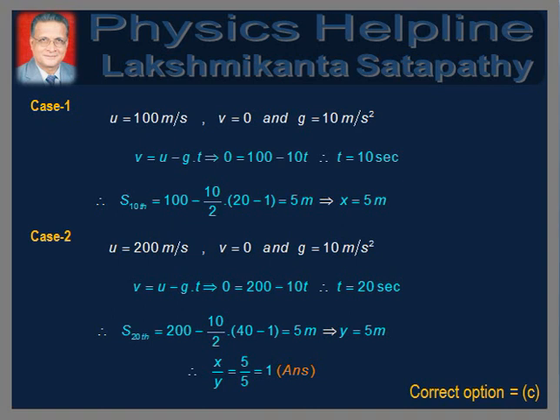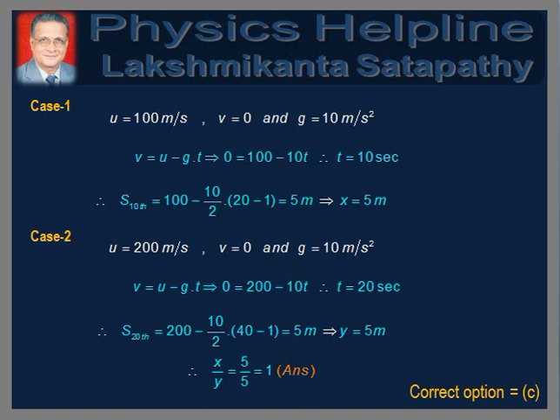Similarly, in the second case, u is equal to 200 meters per second, v is equal to 0, and g is equal to 10 meters per second square. Therefore, we have 0 is equal to 200 minus 10t, which implies t is equal to 20 seconds.